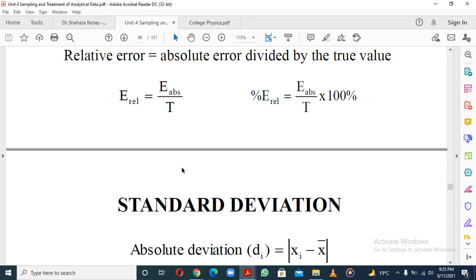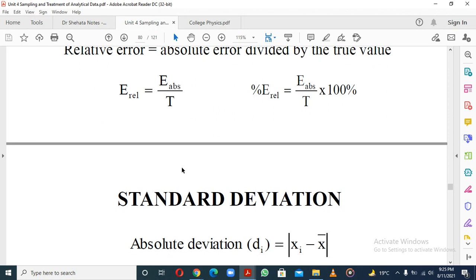When you do that division, that gives you the relative error. So it's more or less like you are now getting a ratio of the error that you had in that particular measurement that you were looking at. Then relative error percentage, of course, it's just relative error multiplied by 100%. Then you get a percentage relative error.